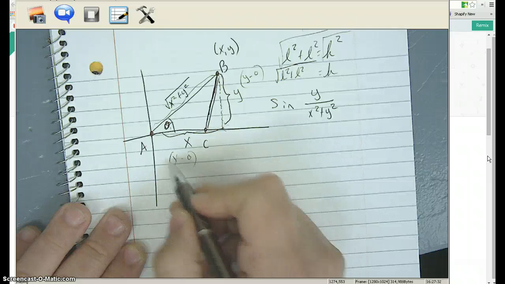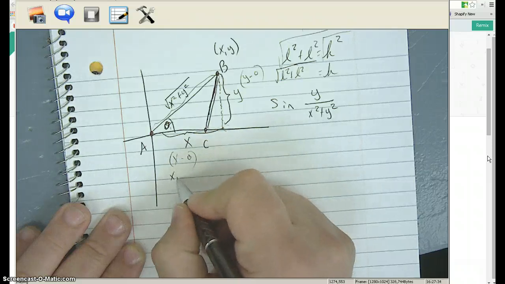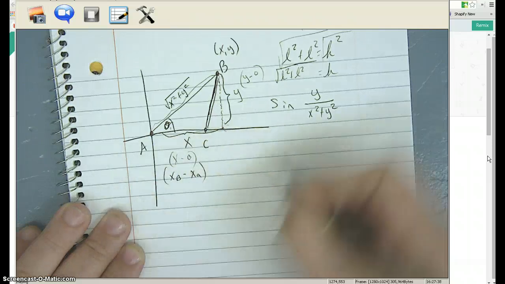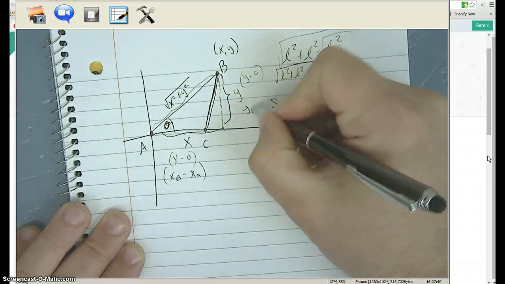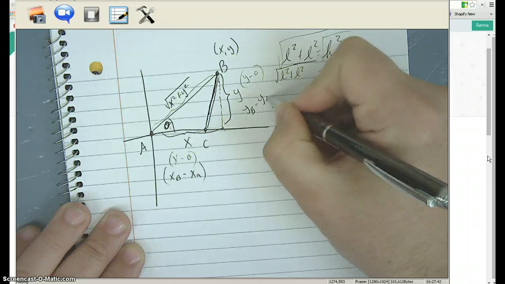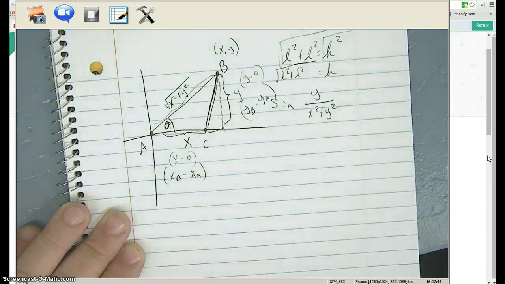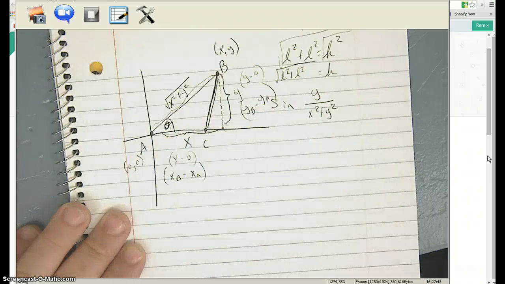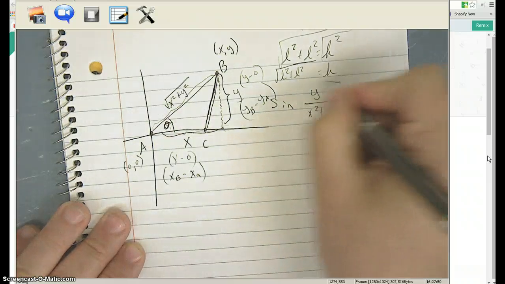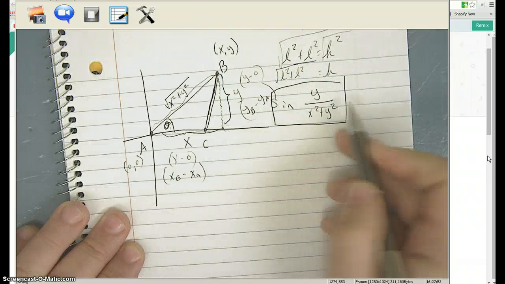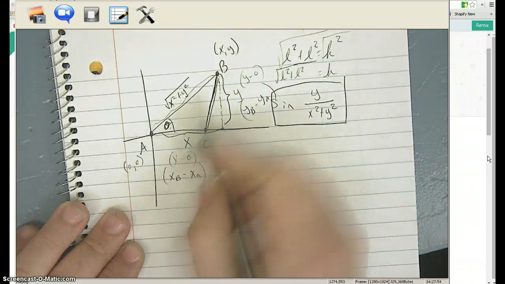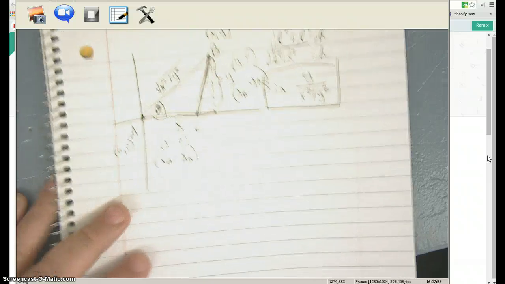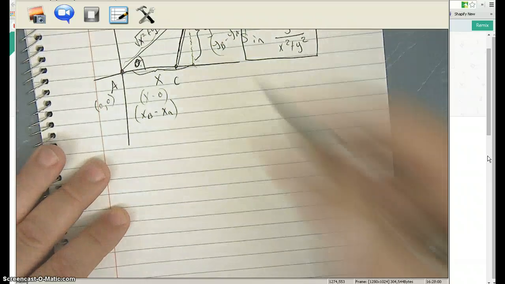So here we're taking x of b and subtracting x of a, right, to get this leg, and here we're getting y of b minus y of a, the y value of b minus the y value of a, because a is at the origin, right? Okay, so sine can be defined as the y value over the square root of x squared plus y squared, at least in this scenario, right? So what would the cosine be?